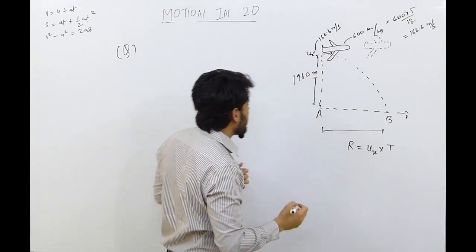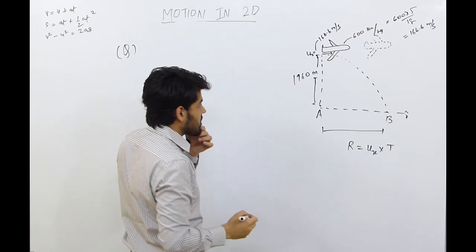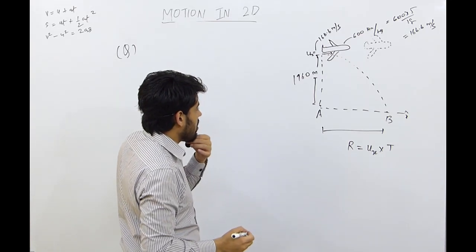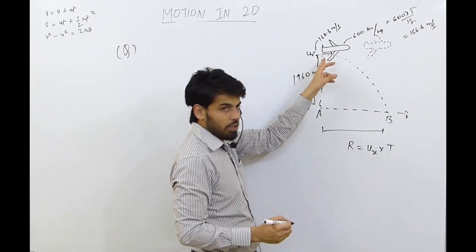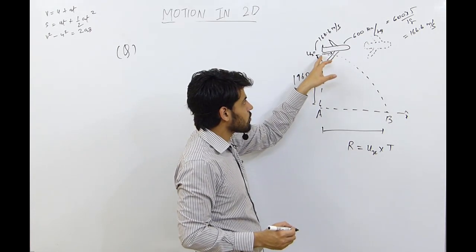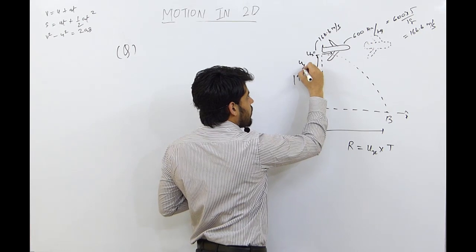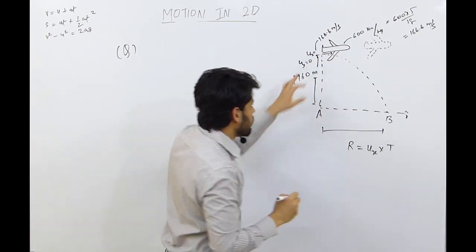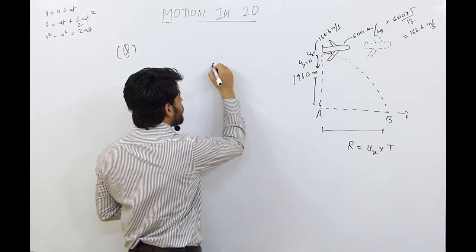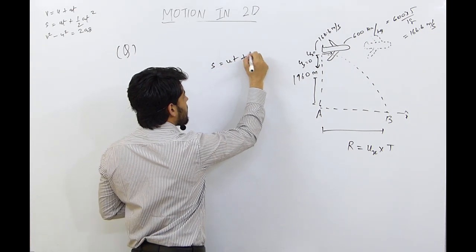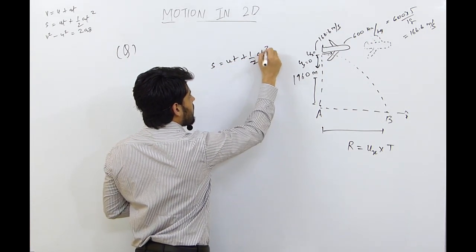See, the bomb has been dropped from rest, so initial velocity uy is equal to 0 in the downward direction. So we can use s is equal to ut plus half at square.